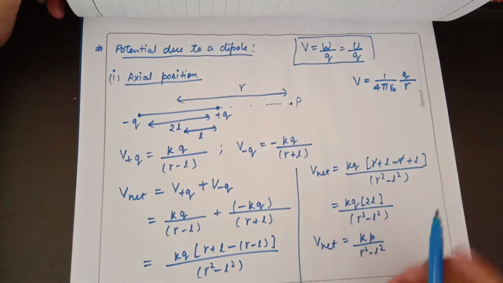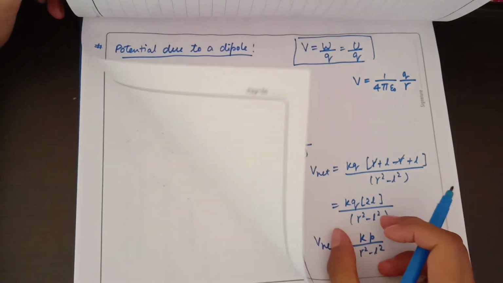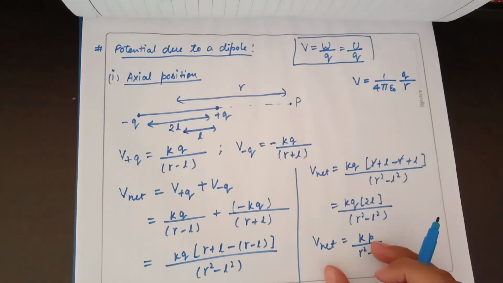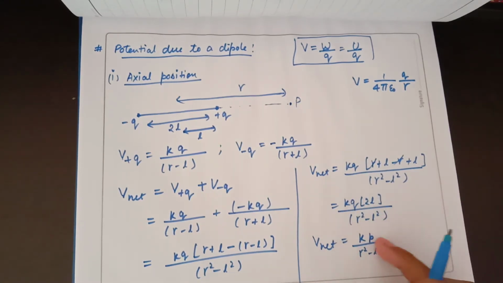So I can write p in the place of Q into 2L, as this is your dipole moment. So V net comes out to be Kp divided by R square minus L square.